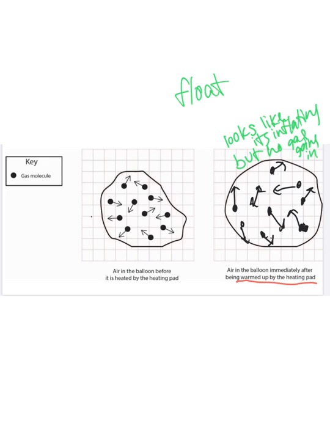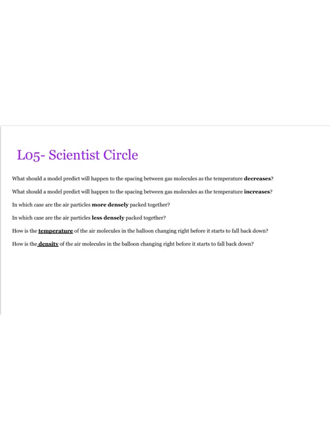So then let's think about some of these questions from lesson 5. You already told me your prediction that the spaces between gas molecules should get smaller when temperature decreases, that the gas molecules get closer together when it cools off.